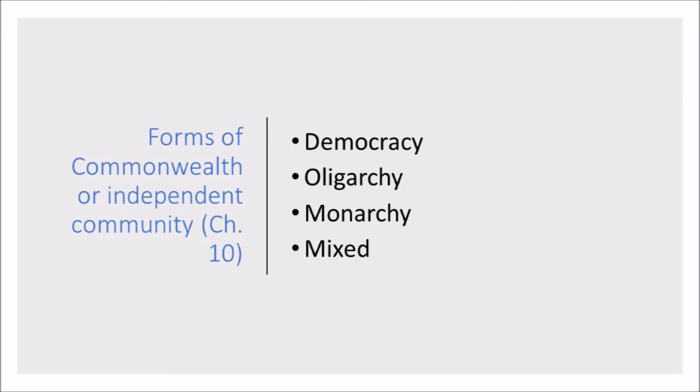Next he says, "or else they may put the power of making the laws into the hands of a few select men and their heirs or successors, and then it is an oligarchy." Notice here that he does not call it an aristocracy, which is ruled by the wise.